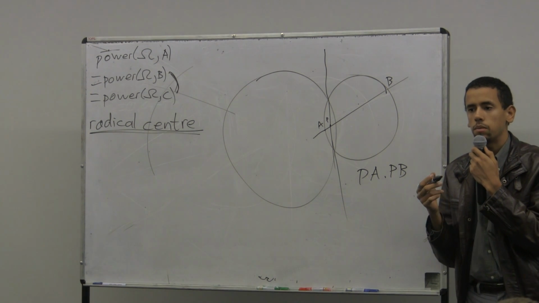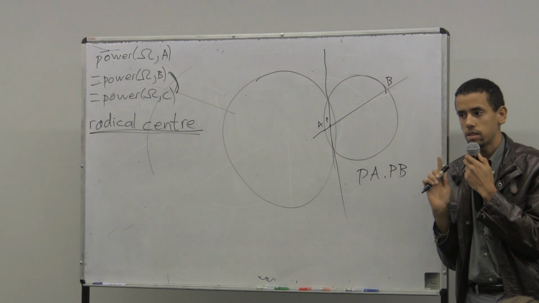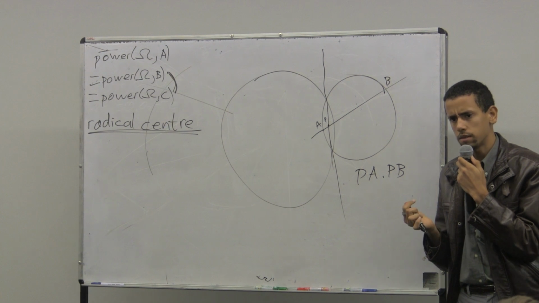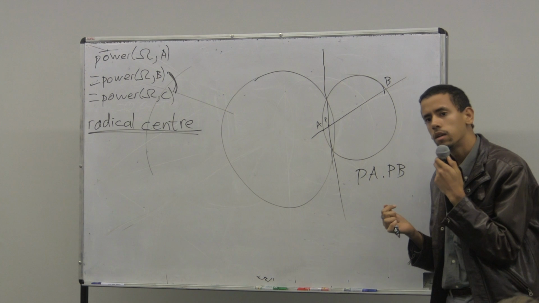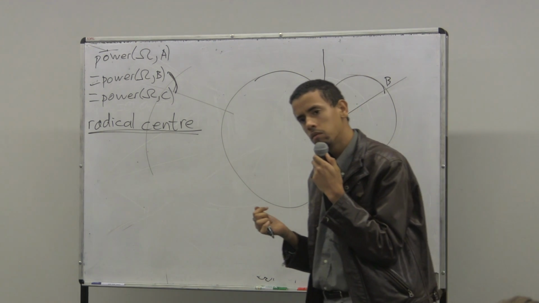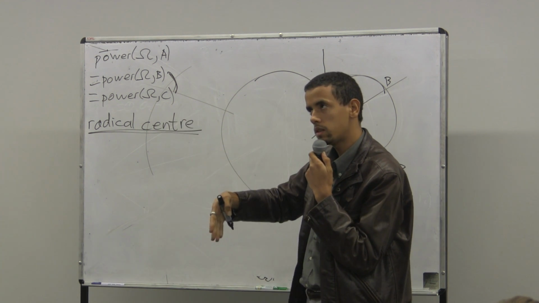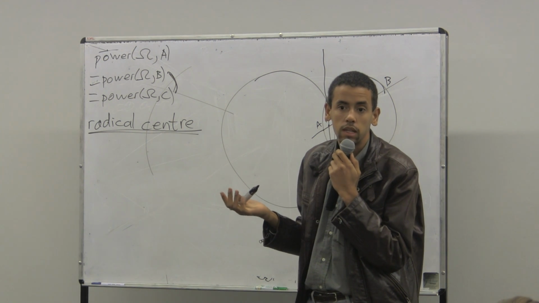Only difference is that when you have a point inside the circle, the power is negative. Why should it be negative? Because if it's on the circle, on the circumference, it's 0. On the outside, it's positive, so inside should obviously be negative. I mean, it could be like positive and then 0 and then positive again. There's nothing stopping it from doing that.